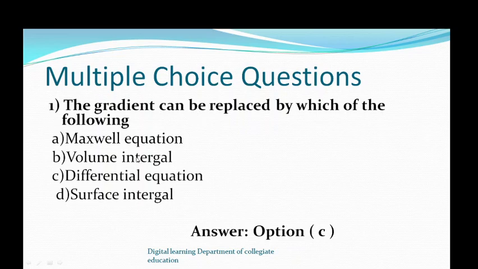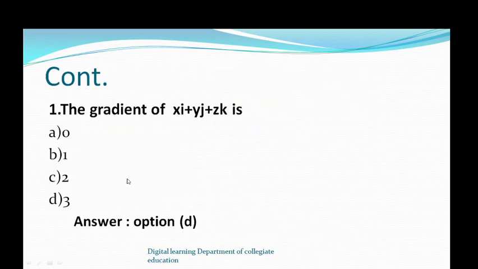Gradient can be replaced by differential equation. Second question, multiple choice question. The gradient of xi plus yj plus zk is option A 0, B 1, C 2, D 3. Option D is the correct answer.